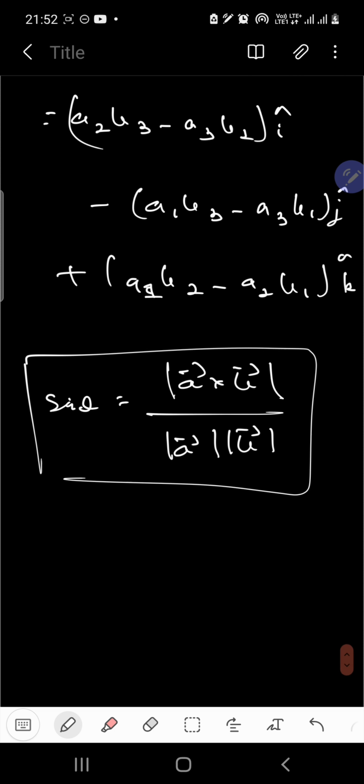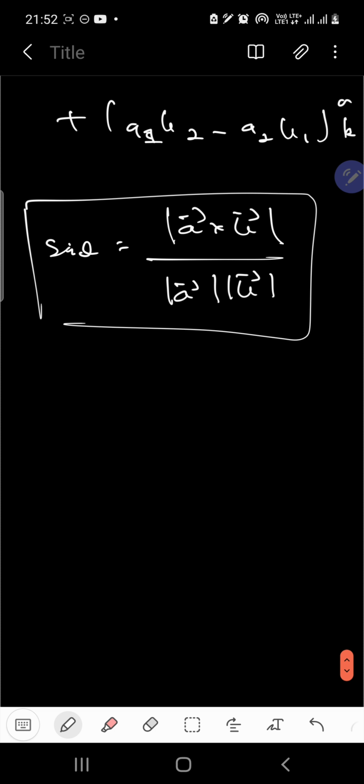Also from this vector product case, a very important concept arises.